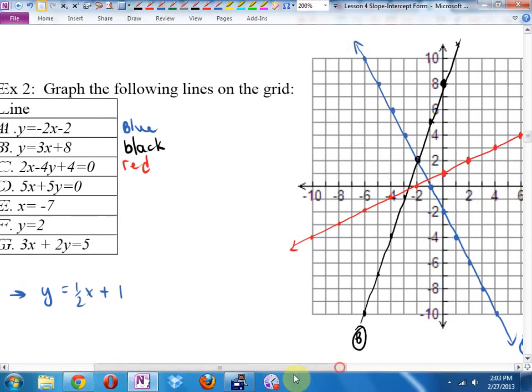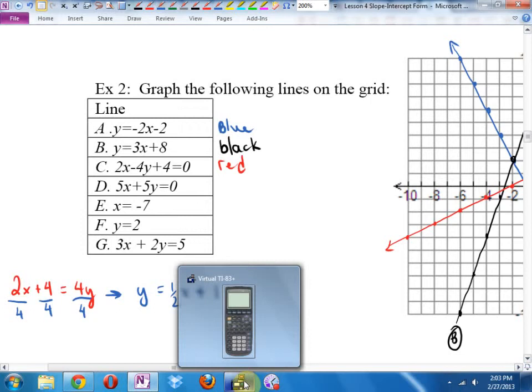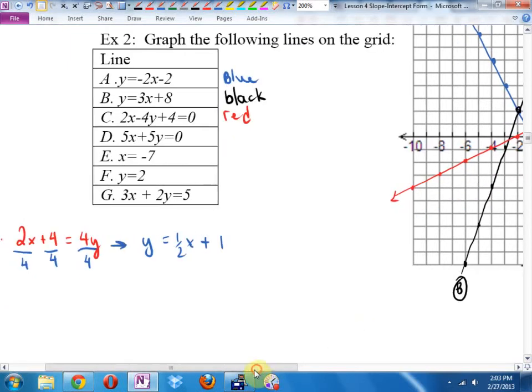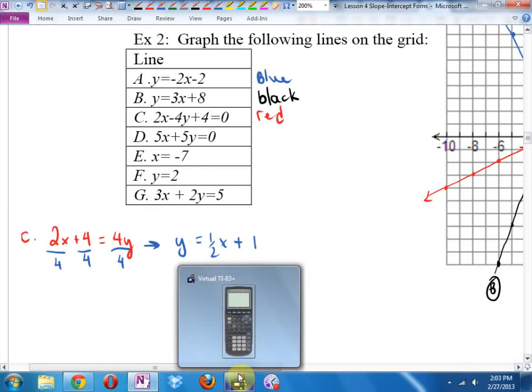Hey, let's keep going. Try D on your own. Is D in slope-intercept form? No, no. I'll do it up here. You can do it on your own. Let's see if we get the same thing. I'll do D in blue.